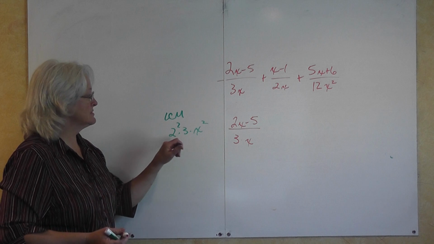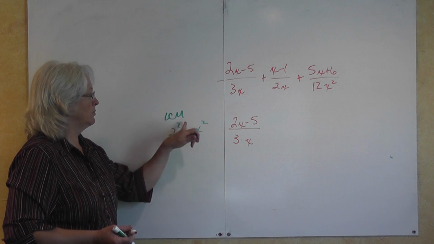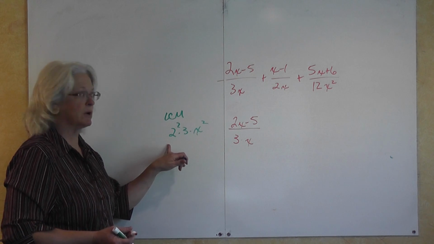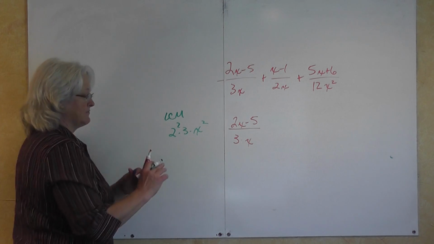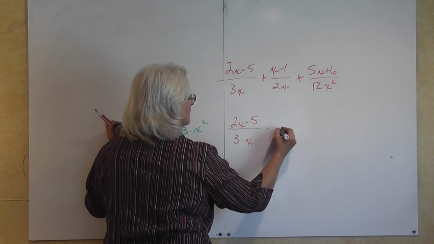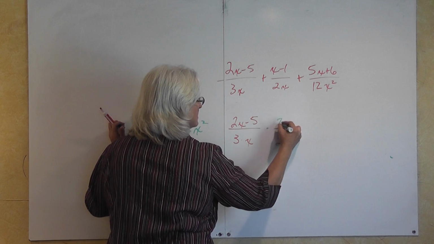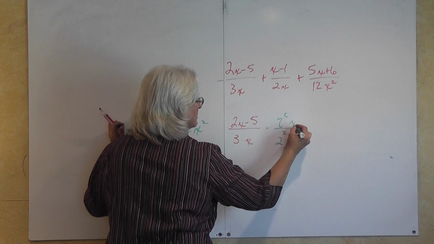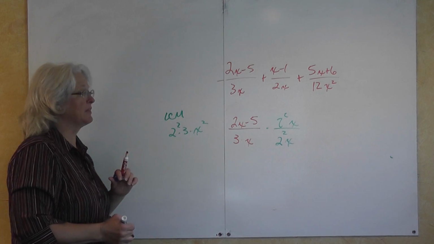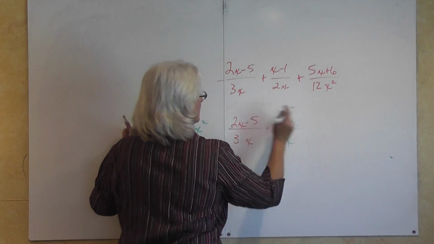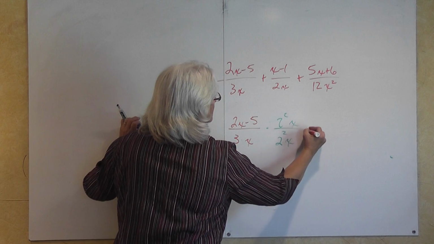What factors are we missing here? Well, we're missing a factor of 2 squared, and we're missing a factor of x. 2 squared times x. Everybody agree with that?